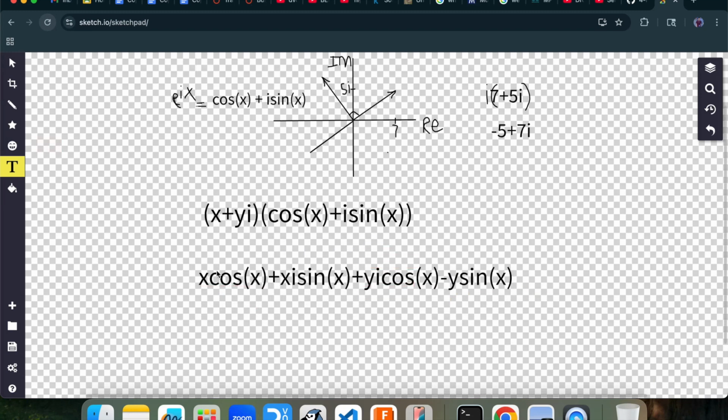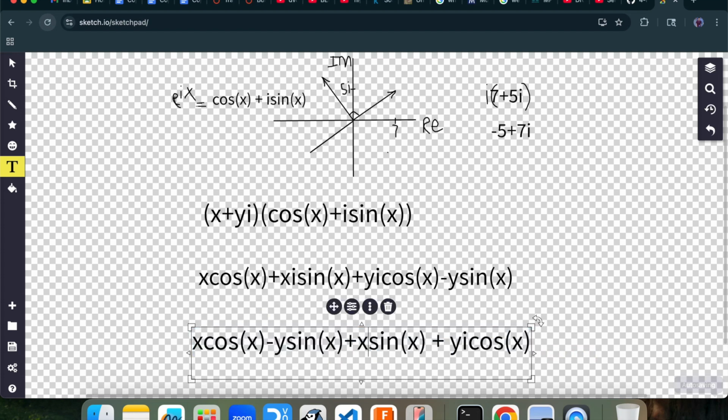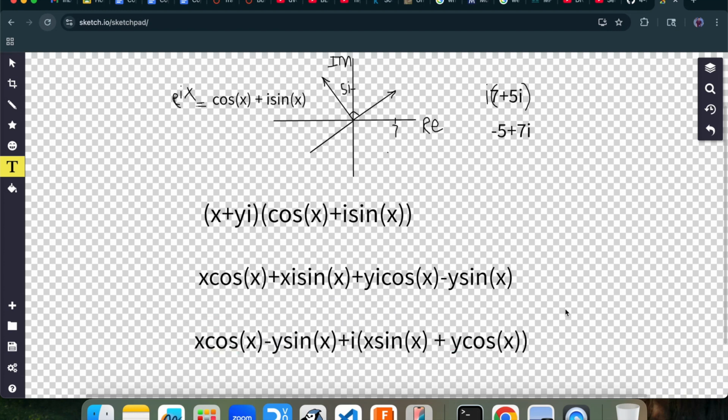And you could combine the real and imaginary parts. So this is the real part, and you'd get x cosine x minus y sine x, plus i times all of this.